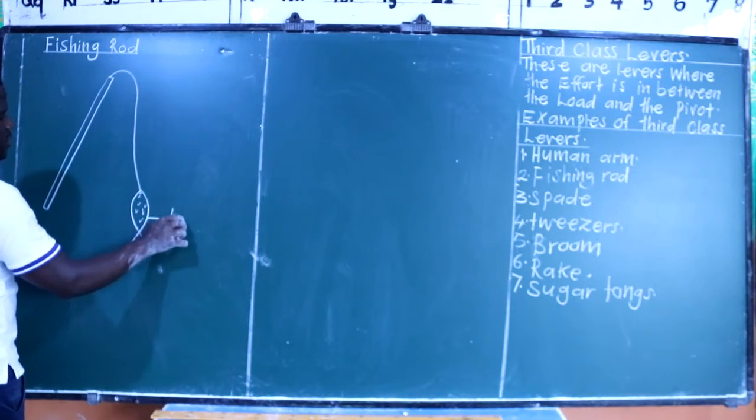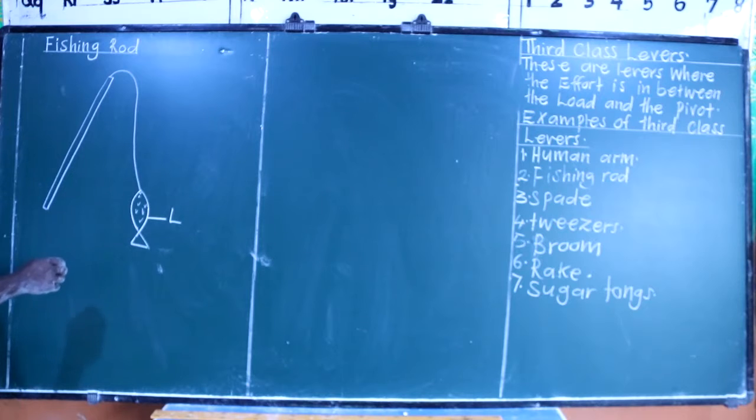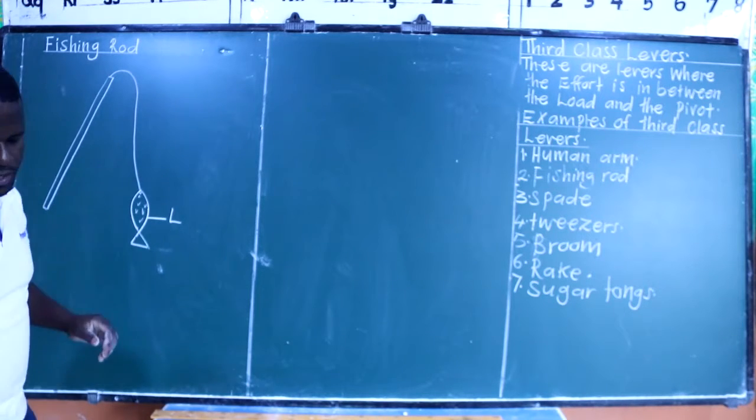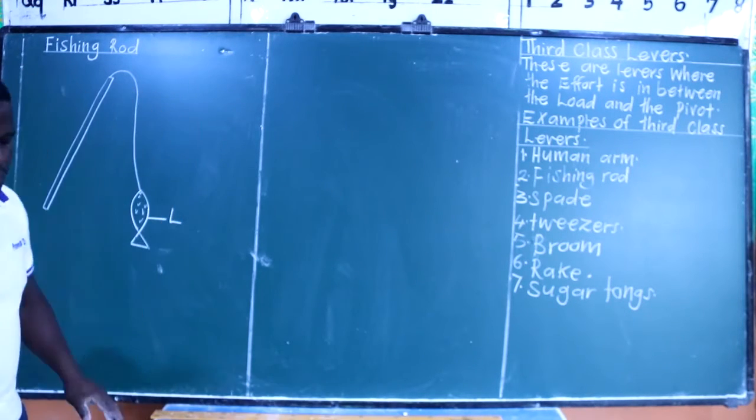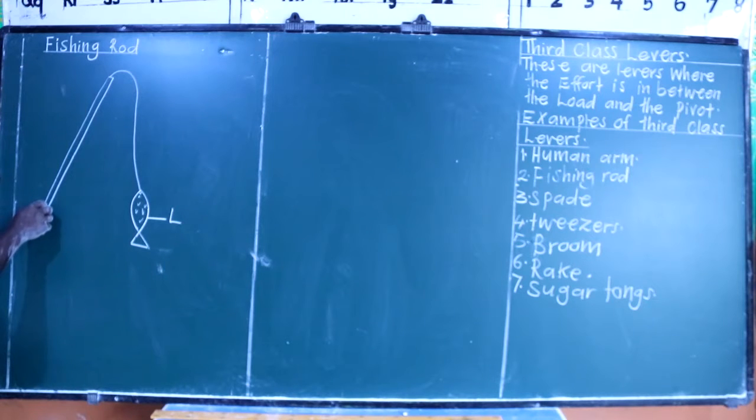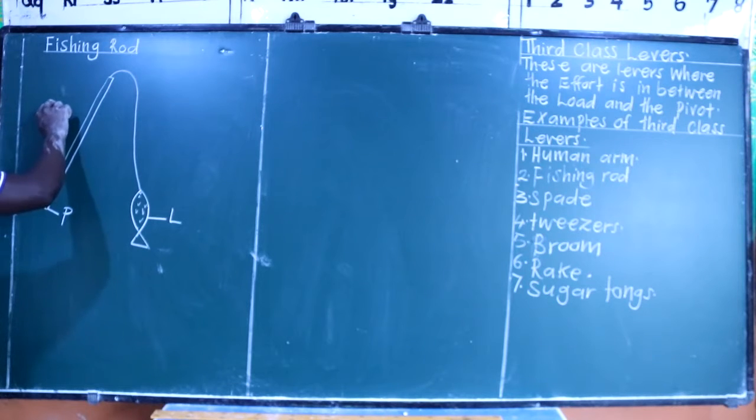So this is the load on a fishing rod. Then we have the pivot or fulcrum. Then we have the effort.